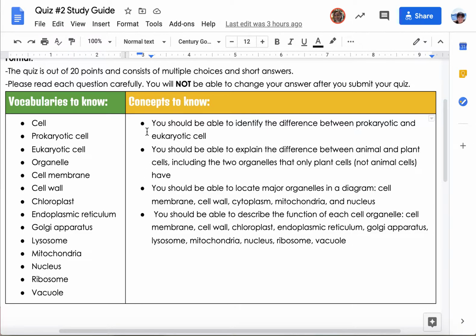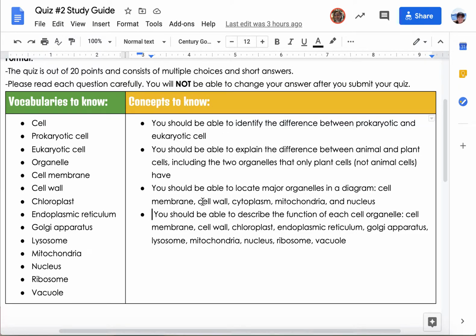On the right, you should be able to identify the difference between prokaryotic and eukaryotic cells, explain the difference between animal and plant cells, including the 2 organelles that only plant cells have, and locate the major organelles in a diagram, which includes cell membrane, which is the layer around the cell, or the rigid structure on plant cells only, cytoplasm, the fluid within the cell, and mitochondria and nucleus.